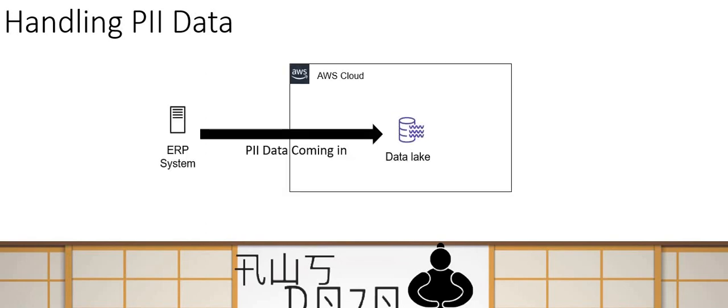So what happens when PII information is coming into your data platform? Generally, people want to handle it in two ways. For instance, one is they want PII data to come to the data lake, and they want to make use of that information for reporting or any other kind of dashboarding purposes.